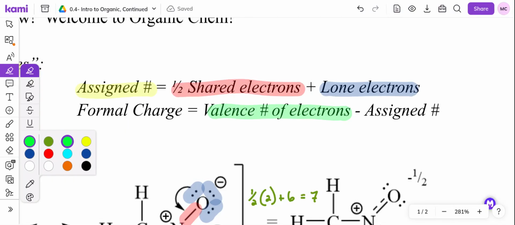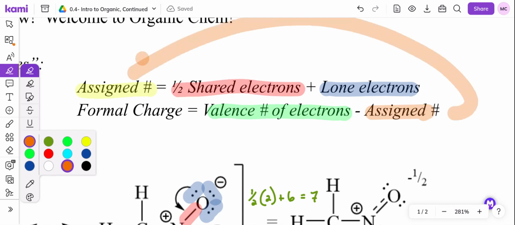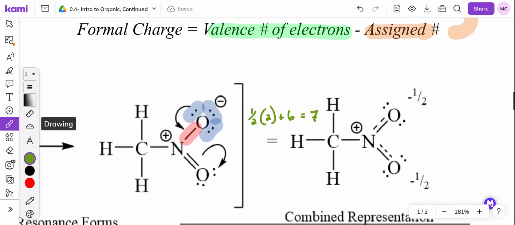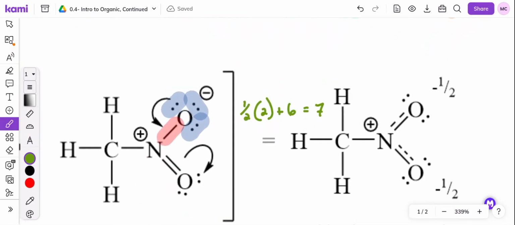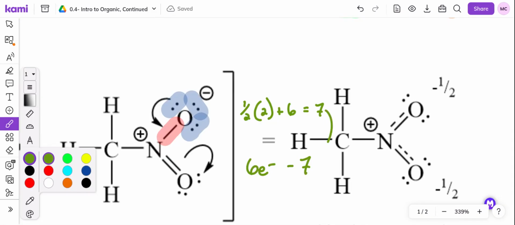You take your valence number of electrons and subtract from it the assigned value that you just found. So for oxygen, it's in group 6A, so it has 6 valence electrons, and I subtract the assigned value from that. In this case, it gives me a -1 charge overall. And that's why you see this negative charge listed here.